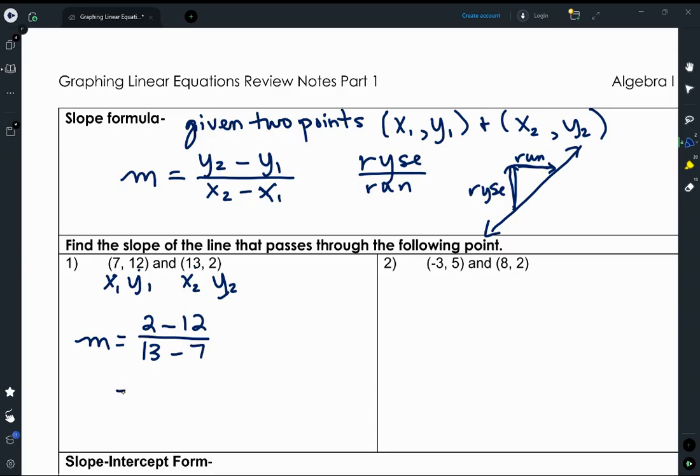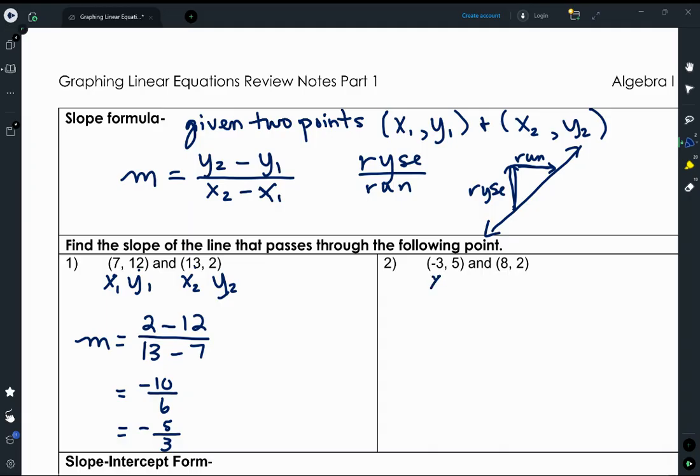So this is just substituting numbers in for letters. So 2 minus 12, that's going to be a negative 10. 13 minus 7 is 6. And then I want to leave this improper but reduce it. So when I reduce it, I'm going to divide the top and bottom by 2, so negative 5/3. So that means I go down 5 squares and then across 3 to get from one point to the next on the line.